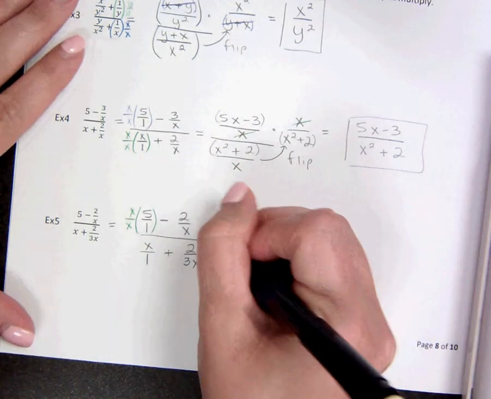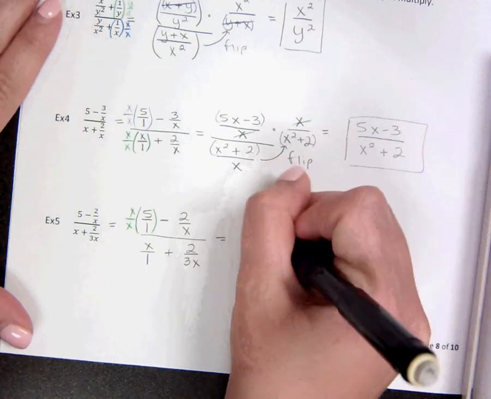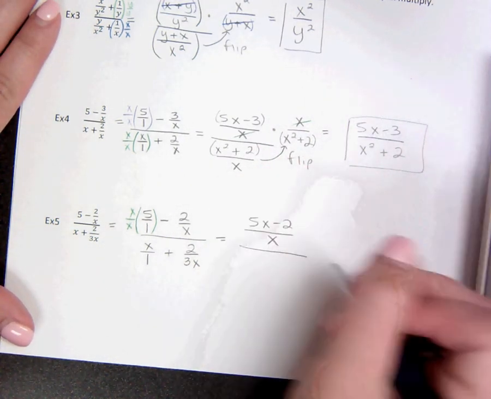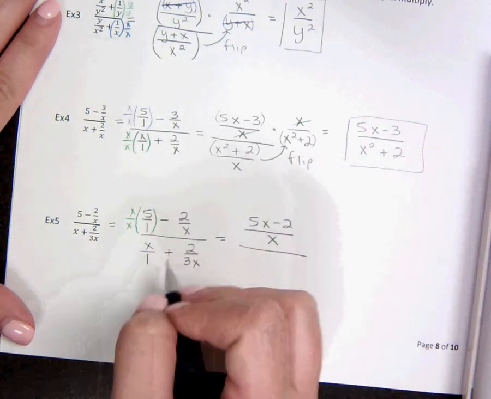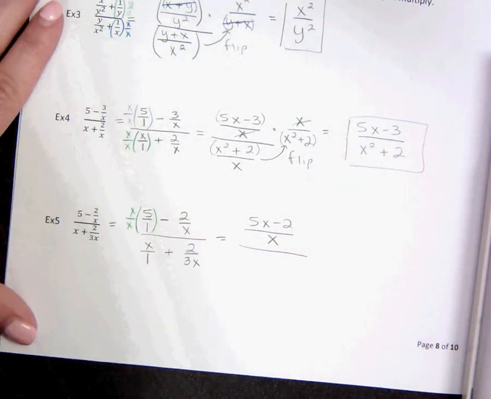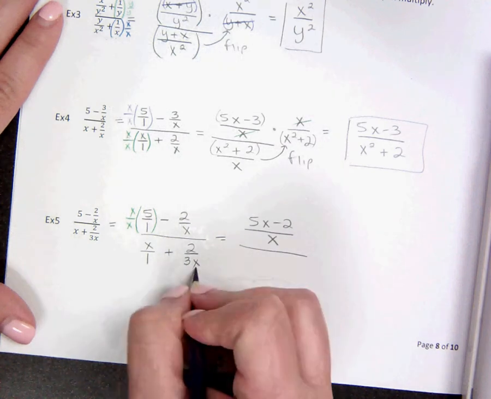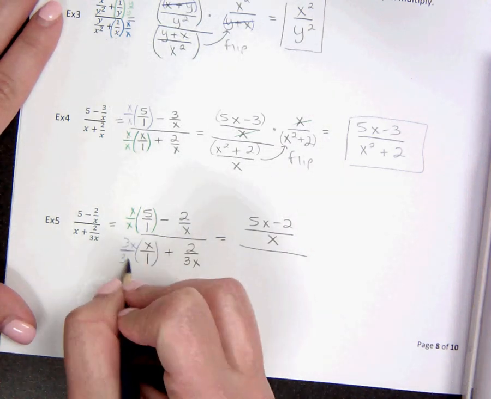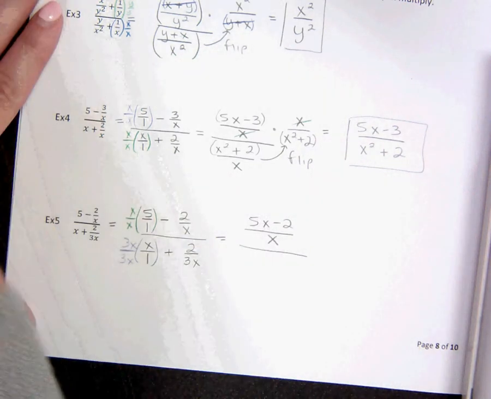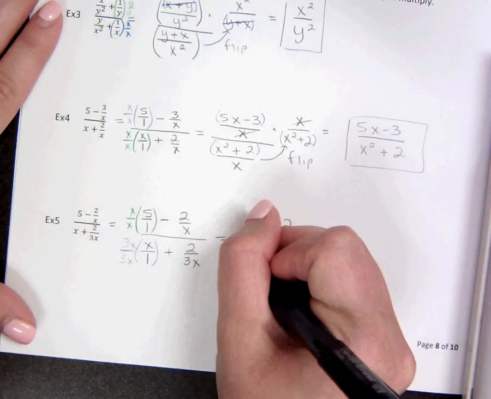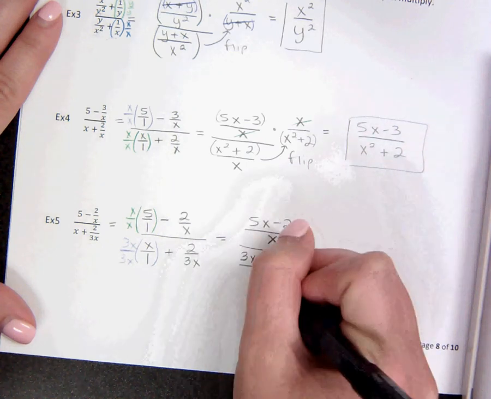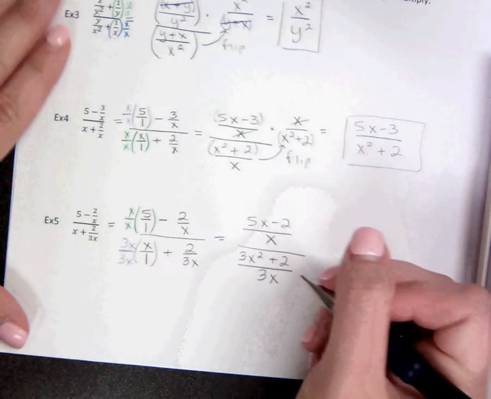That's going to give me 5x minus 2 all divided by x for the top. I like to work across on these so I don't lose my pieces. It's easy to get these all mixed up. I'm going to multiply the bottom by 3x, and that's going to give me 3x squared plus 2 all over 3x.